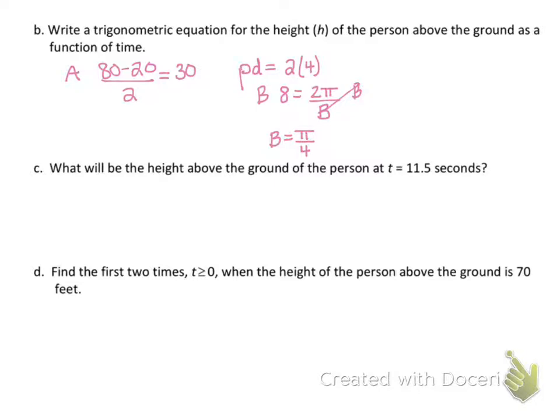So now we can fill in our equation. So we have y equals, our amplitude is 30 cosine, our b value is pi over 4, our shift was, we started at 3, so to the right 3, so that's t minus 3, and then our center line is 50.